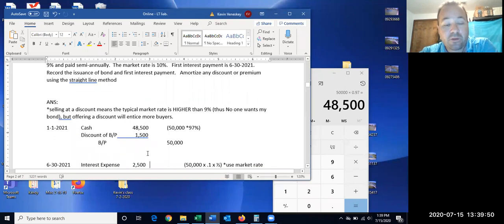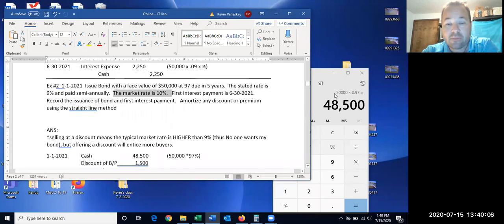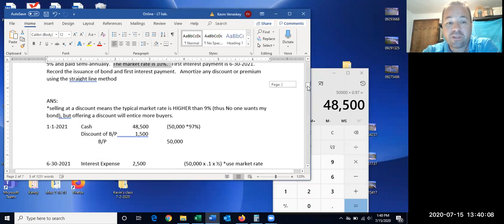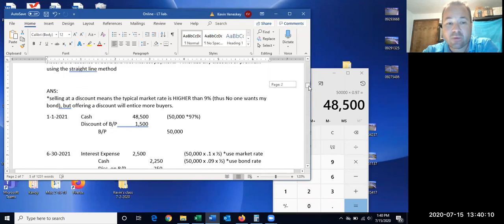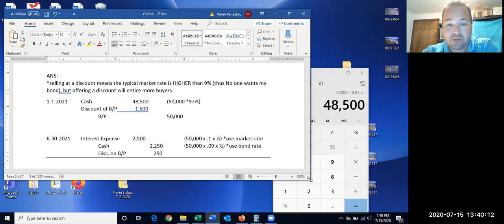So how I'm going to do this is, the first thing I'm going to do is figure out what the interest expense is. The interest expense is actually based on the market rate. The market rate is 10%. We always put interest expense at what the market is.